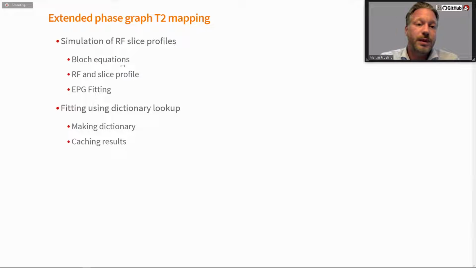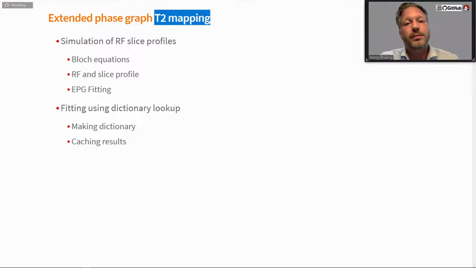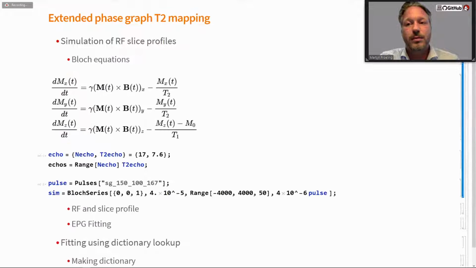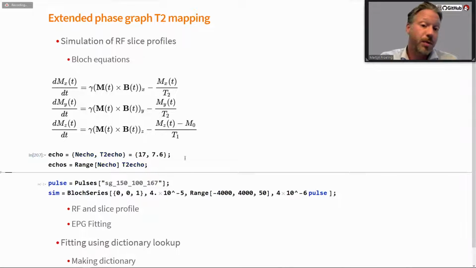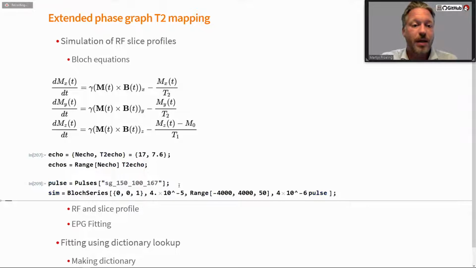For the second part of the map, that's a 2-2 mapping, we use the Bloch equations that define the MR system, which we of course can simulate using Mathematica.